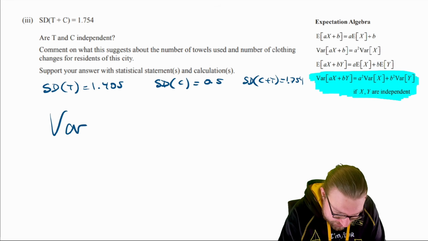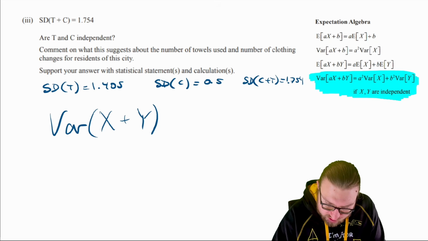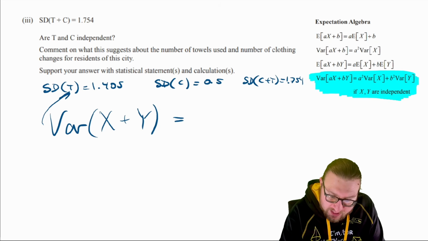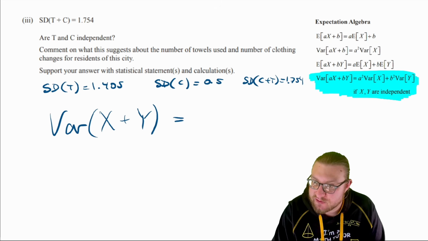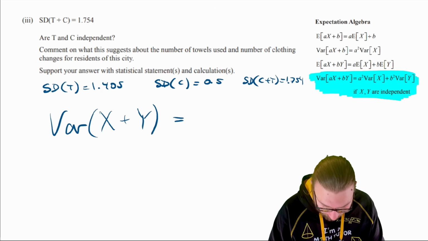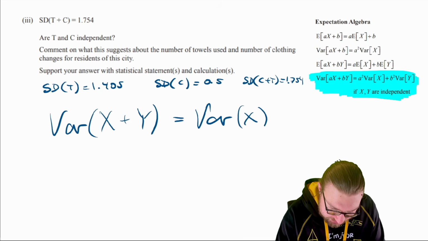It says that the variance of something with X and something with Y, two different ones, we're just going to ignore the number in front because we're not multiplying T by anything. We just have the random variables by themselves. A and B are non-existent, or they're 1. So we get variance of X plus variance of Y.